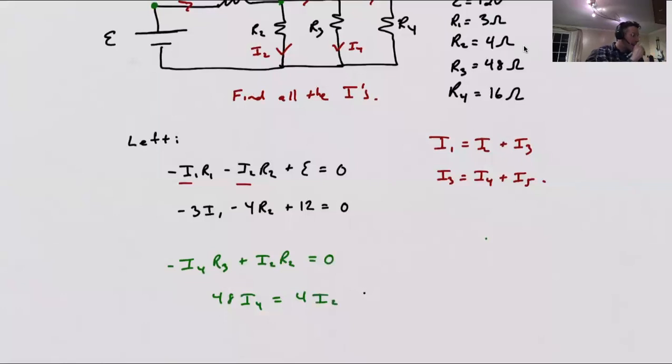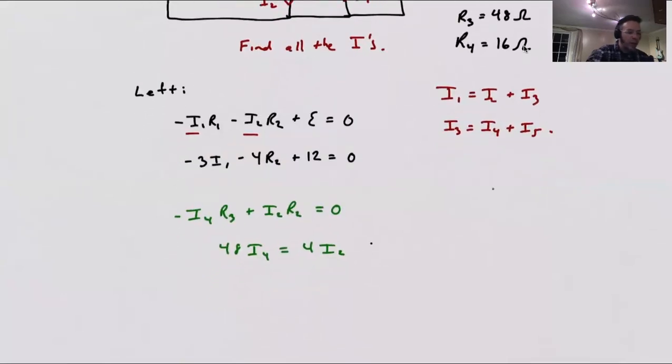Another way of saying that is we can take 4 and divide it by 48, but we could just leave it like that for the moment. It's up to you. Either way, let's keep going. This was the middle loop. Again, take a look at what's happening: an equation with I2 and I4, so we've got to keep going.